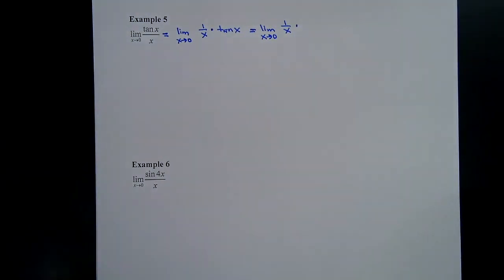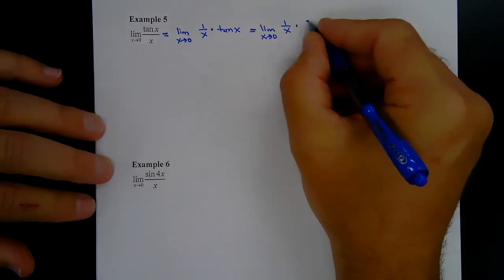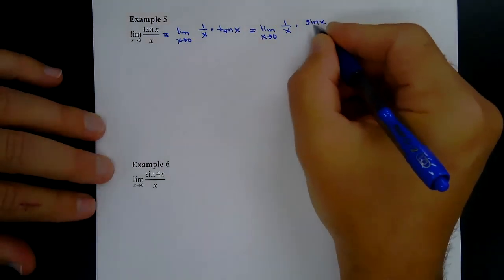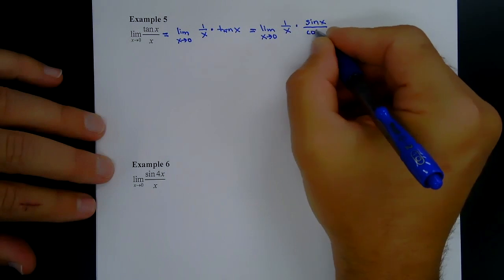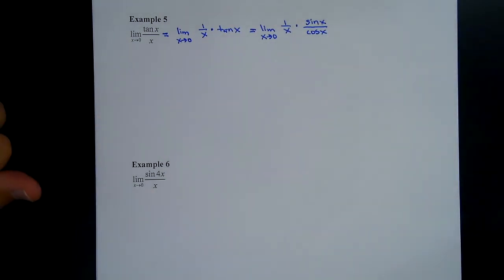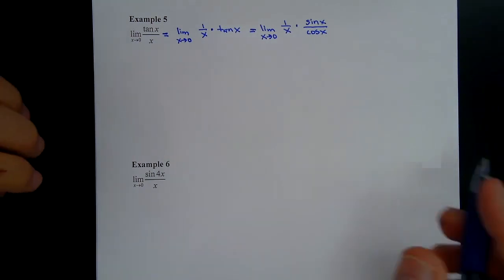This is one that's going to come up over and over again. Some of the other trig identities won't come up as often, but tan x can be rewritten as sine x over cosine x.